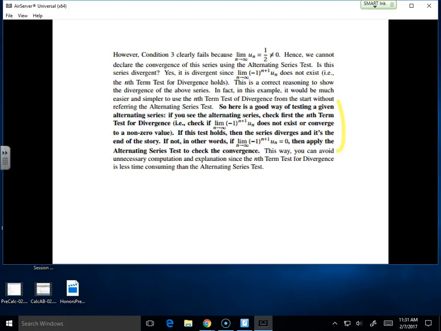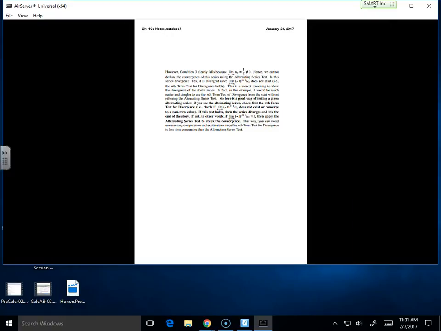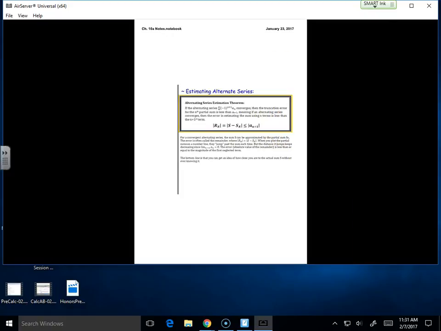Of course, if it is non-zero, then it just diverges. Then if it is 0, go ahead and apply the alternating test, aka a sub n plus 1 is less than a sub n, etc. But that's not a big deal, because practice makes perfect. I think you've gotten an approach based on all the practice that we've done.